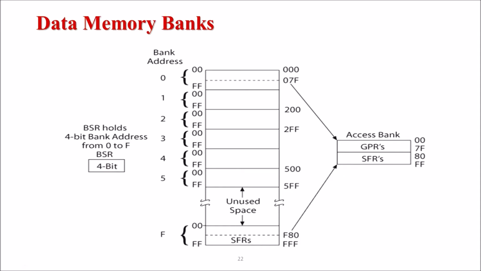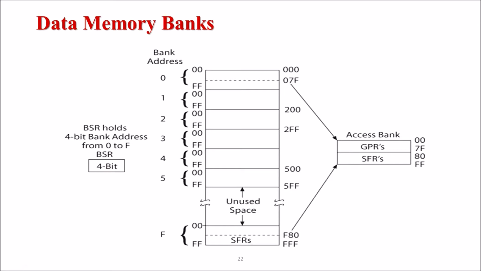To address this data memory, one method is to use the BSR register. So this BSR register is a 4-bit register and it is used for direct memory address. So 4 bits are used to store the number of the register bank.